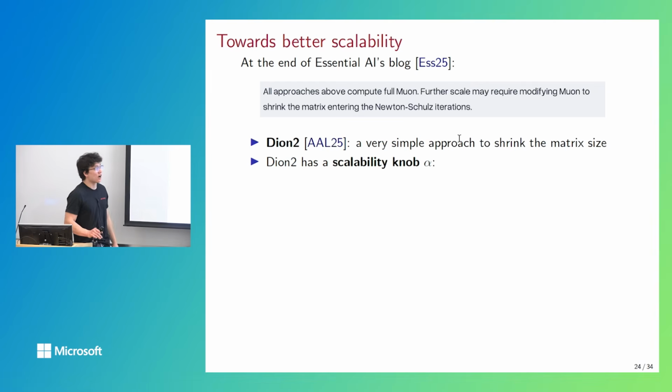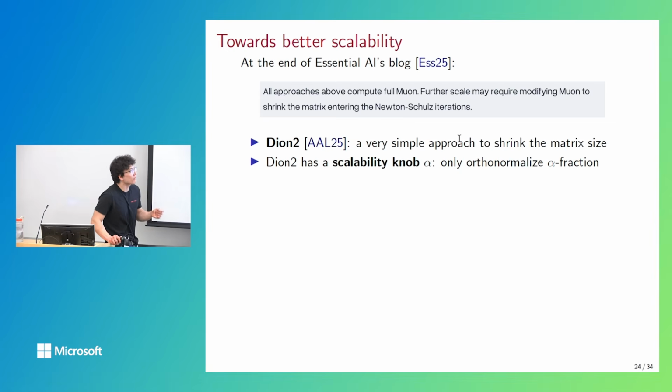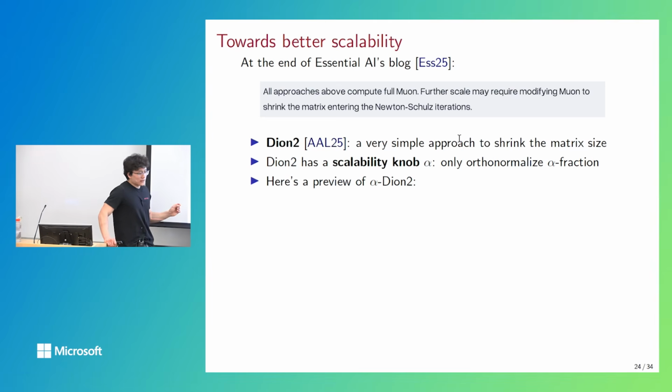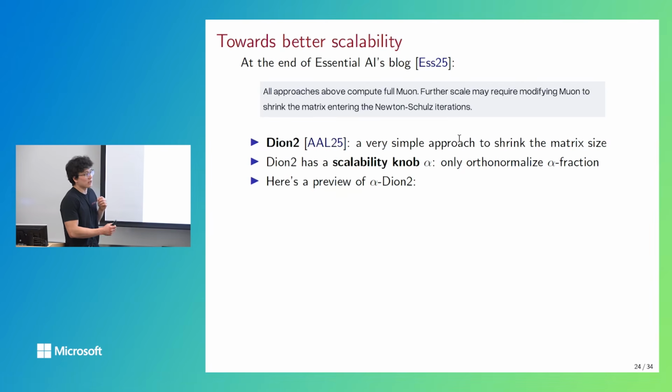Roughly, Dion 2 has a scalability knob called alpha that sits between 0 and 1, which governs the fraction that you orthonormalize. If alpha is chosen to be 1, that's basically mu1, because you're orthonormalizing the entire 1.0 fraction. While if you decrease alpha, and it's strictly less than 1, you're only orthonormalizing a fraction of the matrix.